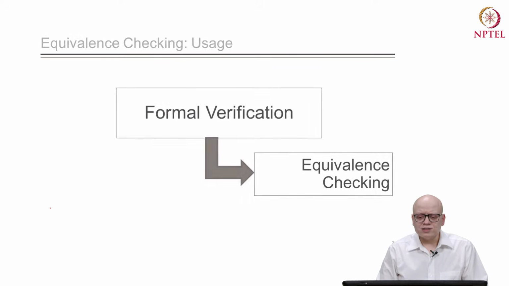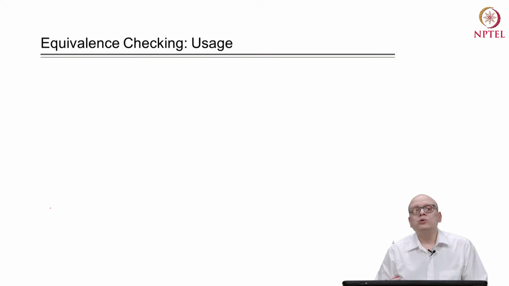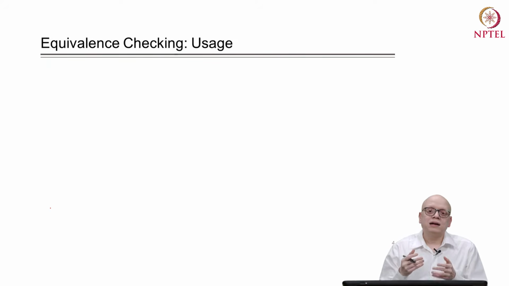Now, let us first understand where to use equivalence checking and why it is required. In the earlier lectures we saw that during the VLSI design flow a design is transformed multiple times, and during these transformations an error can be introduced in the functionality. This error can be because of human error, an error in using a tool, miscommunication, and many other reasons.